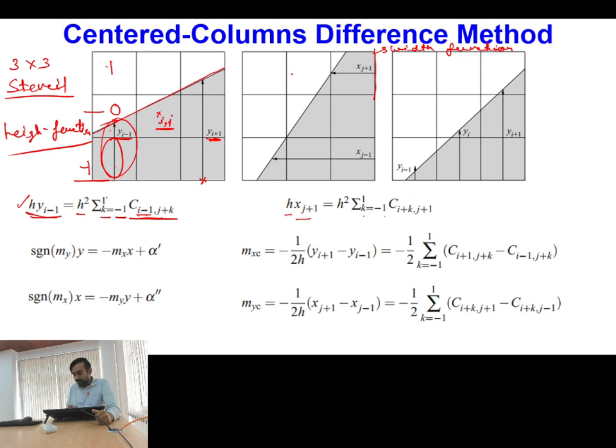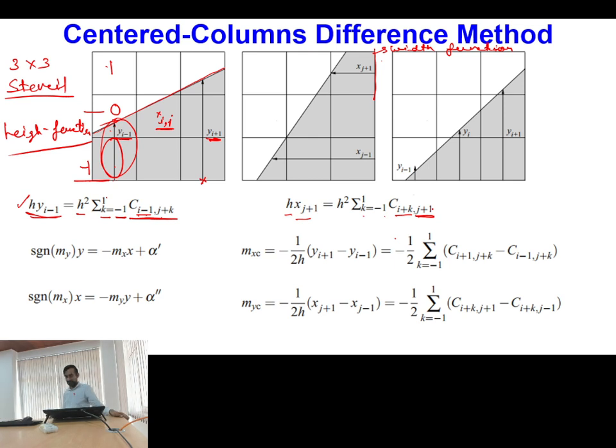Now I need to move in this direction, so my x direction is changing and y is fixed. That's why I have written i plus k and y is fixed at the j plus 1 level. So this is how I can calculate the values of the height function and width function by putting a stencil on the interface.